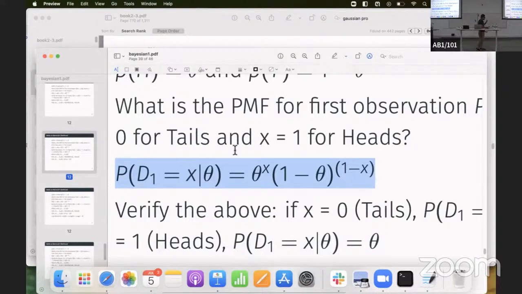Let's forget the multiplied term and just look at the first term. If we figure that out, the second term comes naturally. So this is probability of heads, and heads is equivalent to class 1, raised to power X. X is whether it's class 0 or class 1, right?